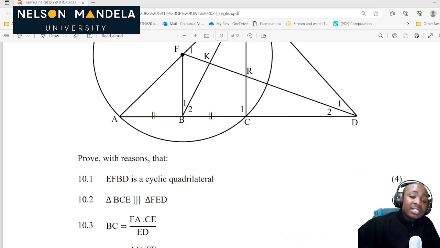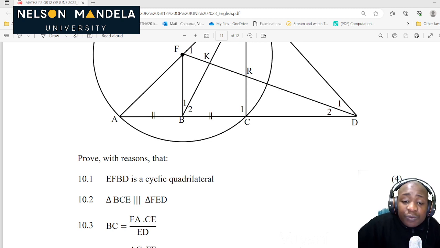The first thing which is important when solving this kind of question is for you to just write it down so that we can be able to see what's going on. First thing which you do is that you write 10.2, in triangle BCE and triangle FED, so that we can see which two triangles you are talking about.